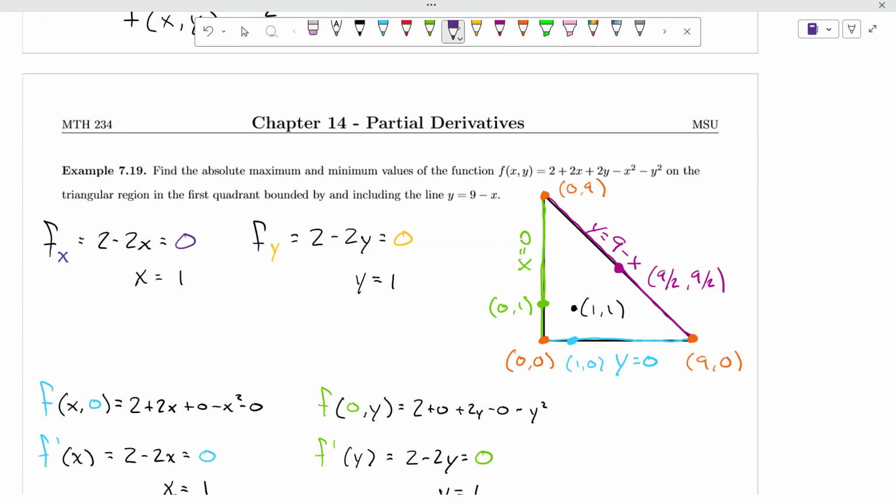So again, elliptic paraboloid with a vertex at 1, 1. Since I know it's opening down, I would expect to see my maximum at that vertex, which is what we found. Maximum was at 1, 1. And then I think that my z value is just going to get more and more negative the further I am from the center. Since it's going to be related to negative x squared minus y squared. Should remind us an awful lot of a minus r squared right there.